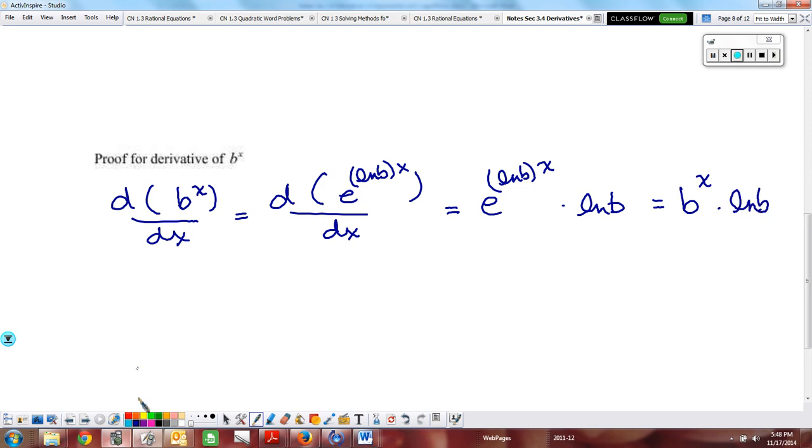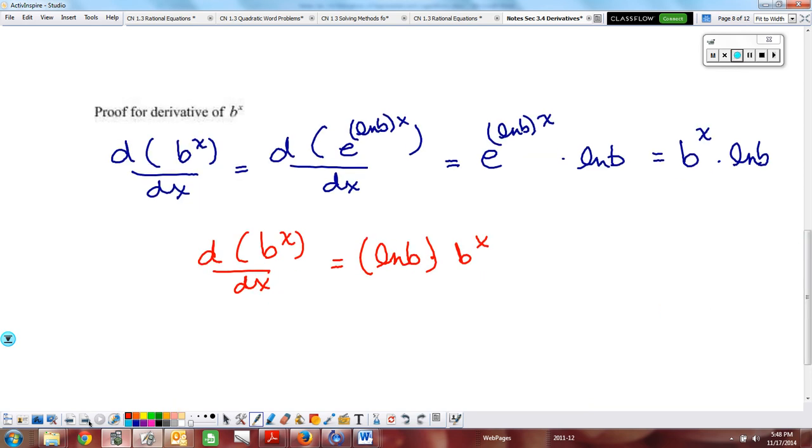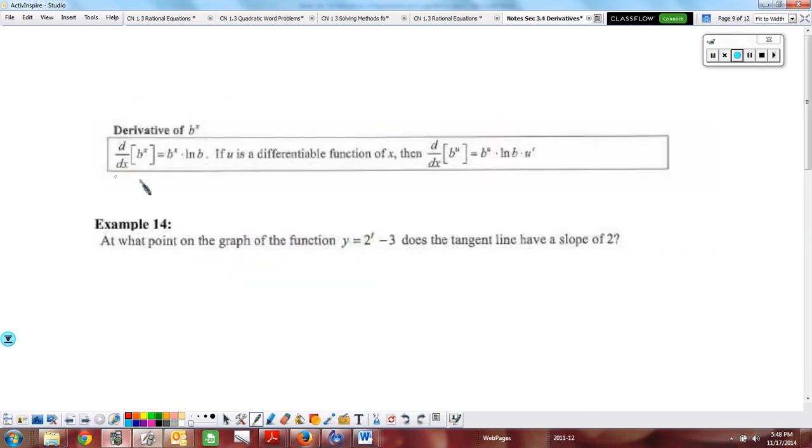So our general rule that we're going to be using for this is that the derivative of b to the x with respect to x ends up having a rule that is natural log of b times b to the x. That you have a constant scaling factor in front, just like you did for your logs. All right, so here's our rule.